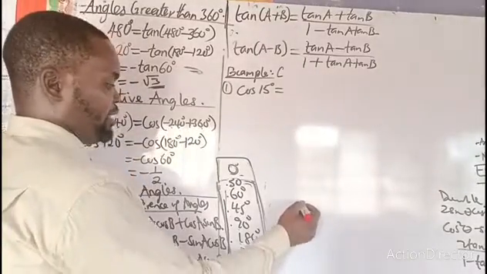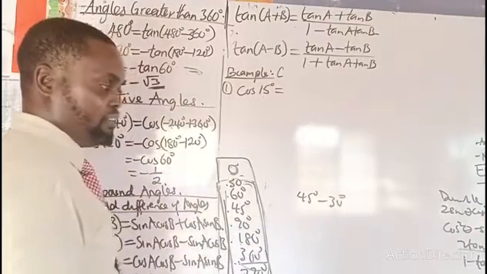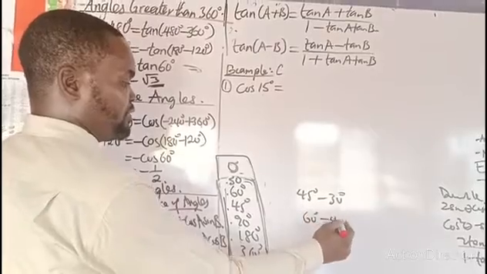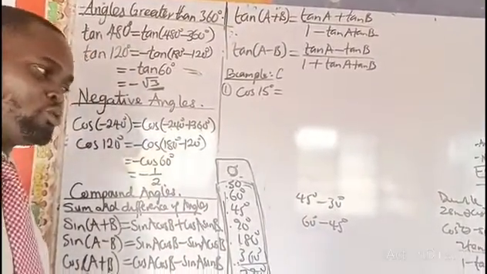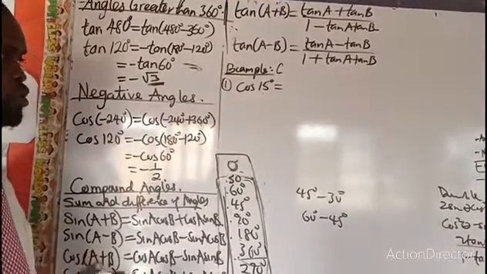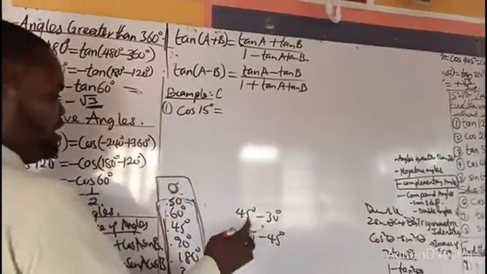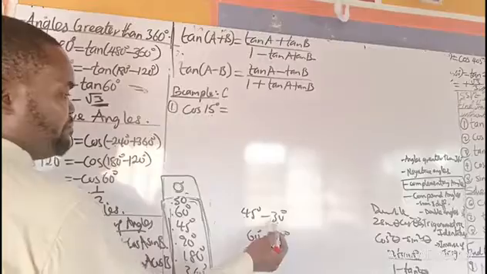Yes, you can see that 45 degree minus 30 degree will give us 15 degree, isn't it? Likewise, 60 degree minus 45 degree will give us 15 degree. Whichever one you like to use, it is your prerogative. So cos 15 degree, let's say we decide to use 45 minus 30 degree.